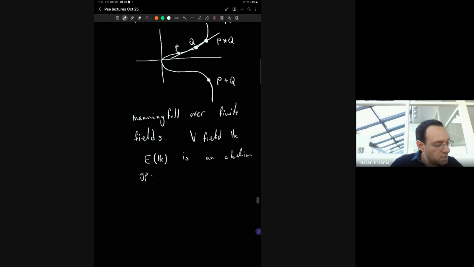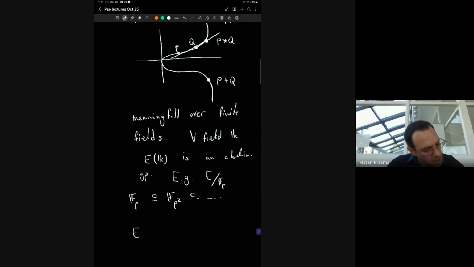And of course, if we take this tower of fields that we had before, and let's say E is defined over Fp, then I can take the Fp rational points, and this would be a subgroup of the Fp square rational points.